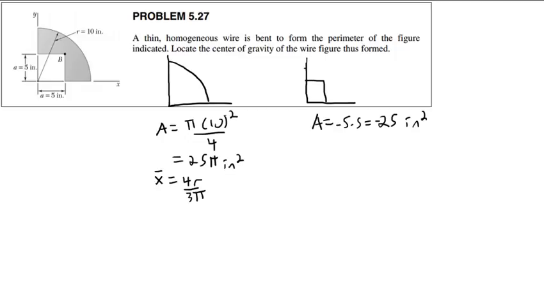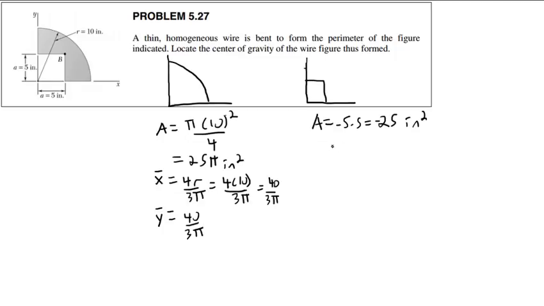So 4 times 10 over 3 pi, so 40 over 3 pi. That is measured from the corner. That is how you find the centroid of a quarter circle. And y bar is the same for a quarter circle. It's 40 over 3 pi as well.